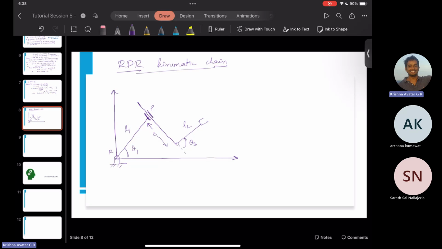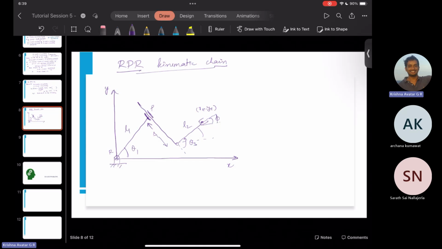Right. So let's determine the end effector. The end effector will again have a position xe, ye, and this end effector will be making some angle phi with respect to the x-axis.